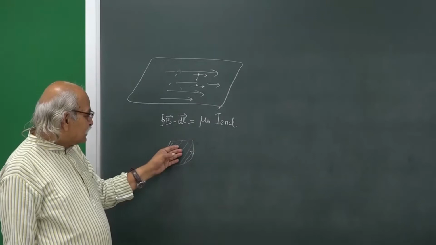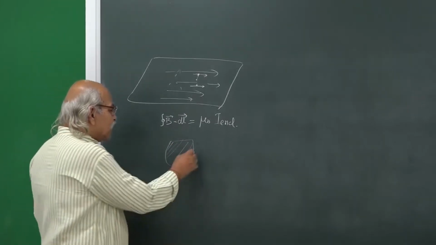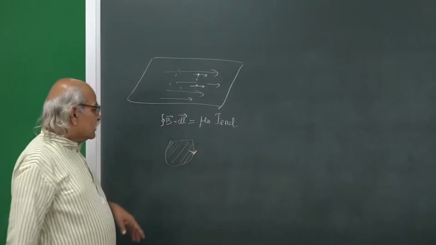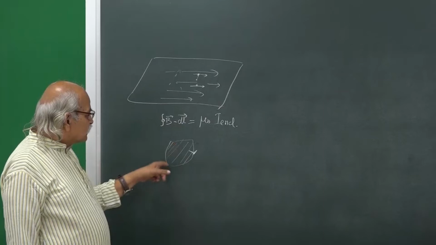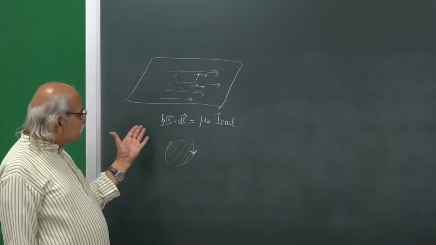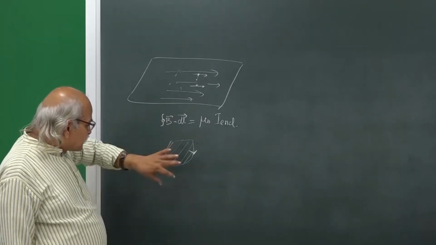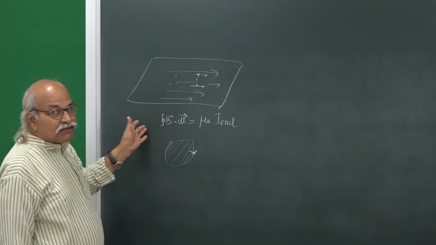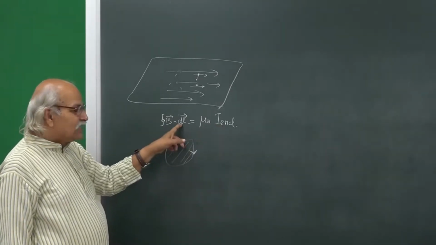The positive and negative directions are decided by this arrow. The way I have put the arrow now, your positive direction will be away from you because it is clockwise. So the positive direction is behind the board. How much current is going from our side of the board to the other side has to be written here, because that also decides the sign of this quantity.